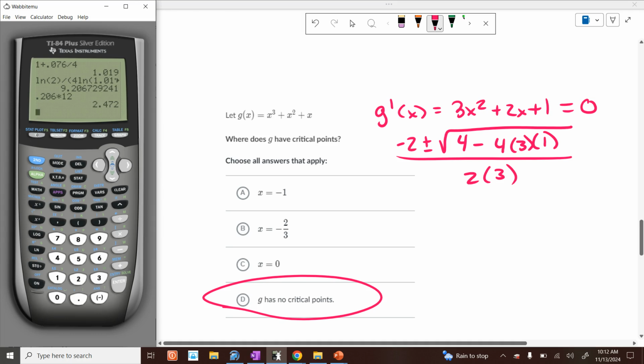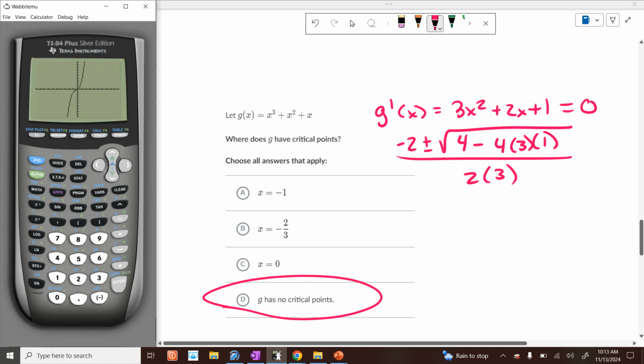I want to just look at what that graph looks like. X cubed plus x squared plus x. Oops, not going to see very much here. Zoom 6.